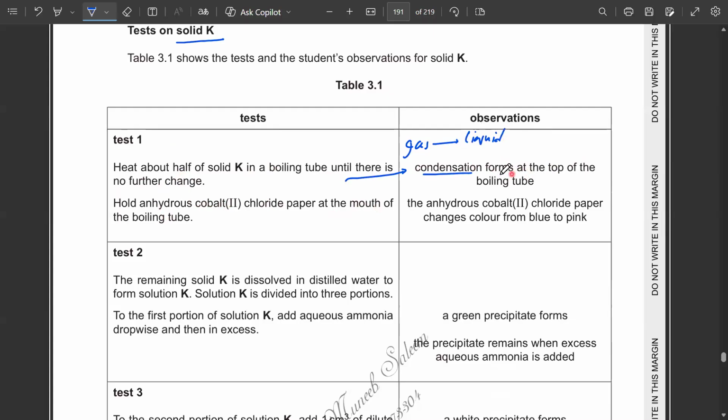You are looking at the droplets of water at the top of the boiling tube, at the edges of the boiling tube. This is a boiling tube. So droplets are found over here because of the condensation. And the second part of this test is you are using the anhydrous cobalt chloride paper.